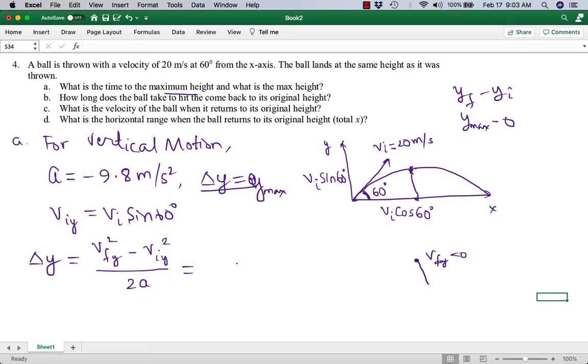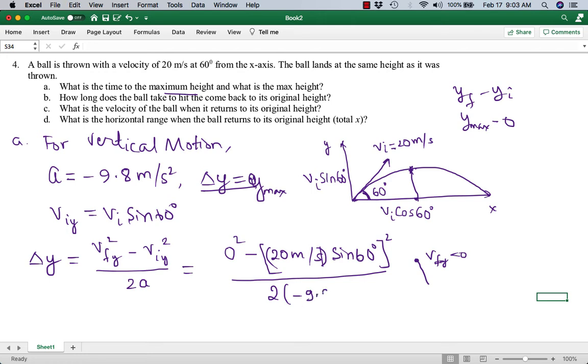So this is 0 squared minus v initial, which is 20 meters per second sine 60 degrees, squared, over 2 times negative 9.8 meters per second squared.